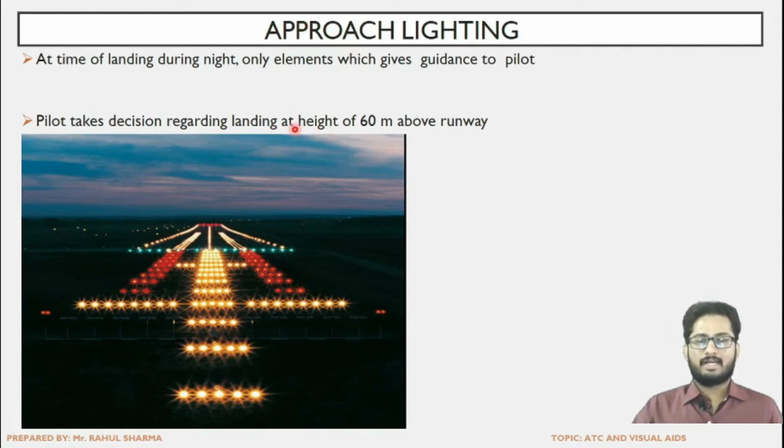So at the height of 60 meter, the pilot takes the decision as to whether the landing operation has to be done on the runway or not. During the night time, this is the only element which will give guidance that now we are approaching the runway and we are near to the runway, so we should be ready for the landing operation. So these are the approach lights which will be taking us towards the runway.